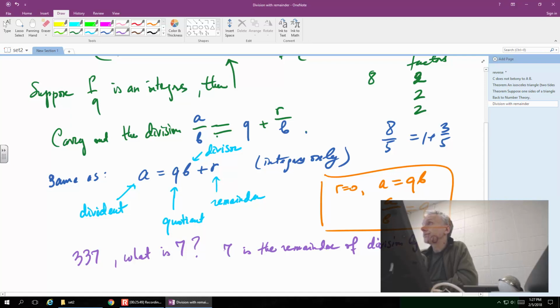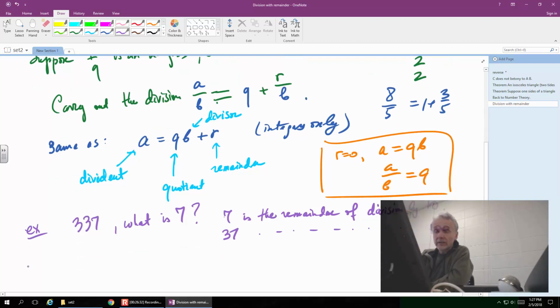Every decimal has the same or a similar meaning. So what's the remainder of division by 100? 37. Okay, so that's roughly how it works out. You divide by larger and larger powers of 10, and you progress by adding one extra digit every time.